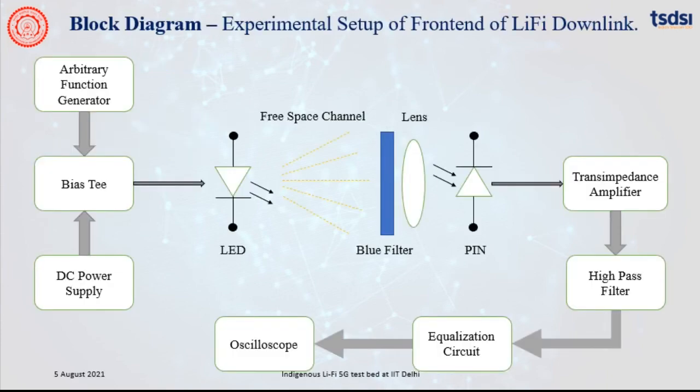You can see this in the block diagram: this is the RF port of the bias T, this is the DC port, and this is the RF plus DC port which is given to the LED.